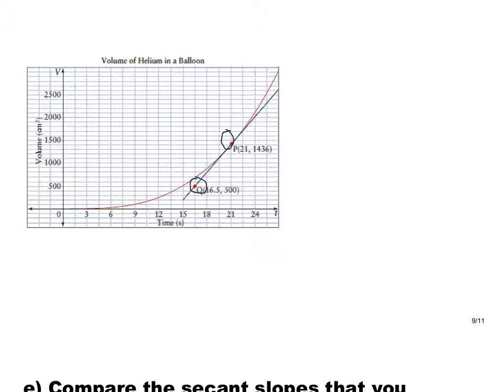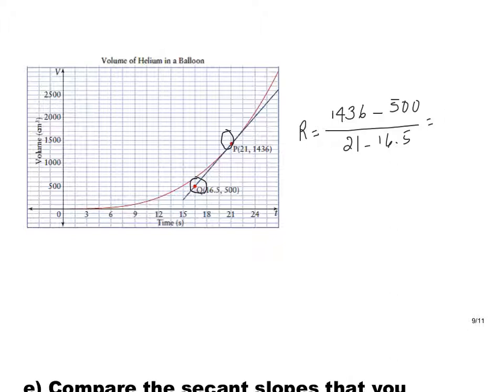So the average rate of change, or the slope of the line, R, is 1436 minus 500 divided by 21 minus 16.5.